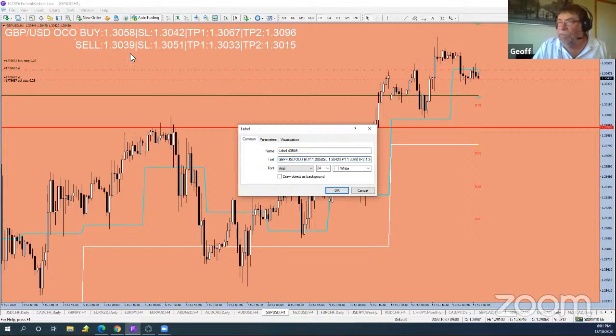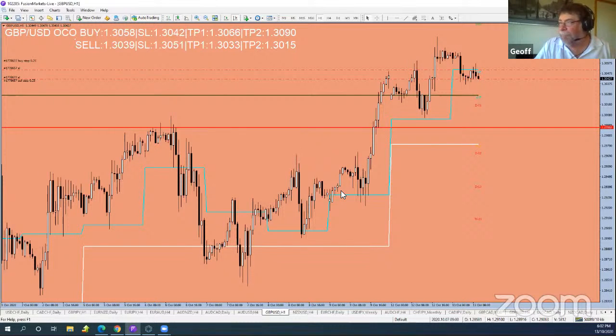TP2, by virtue of a 16 pip risk, would be 32 pips. So that would be 1.3090. Okay. We are good to go.